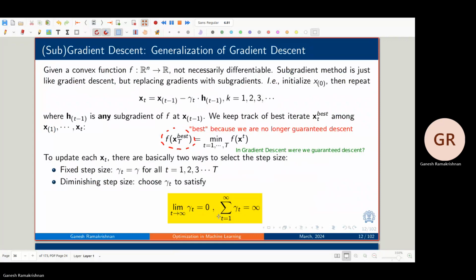Here, small step size basically means gamma t goes to 0, but you also want to ensure that the summation of gamma t is infinity, which means you can bail yourself out subsequently, because you're not sure about the individual steps. That's very important.